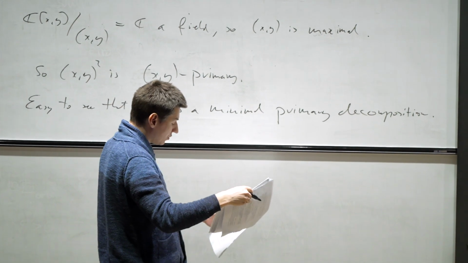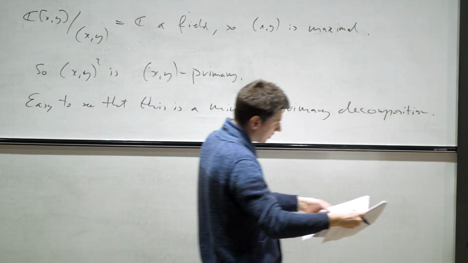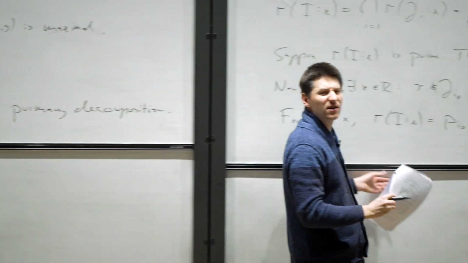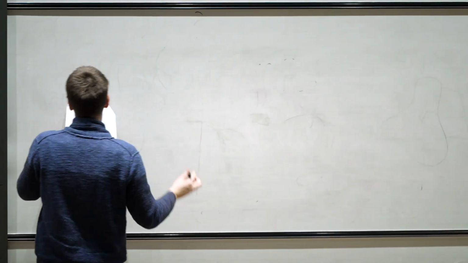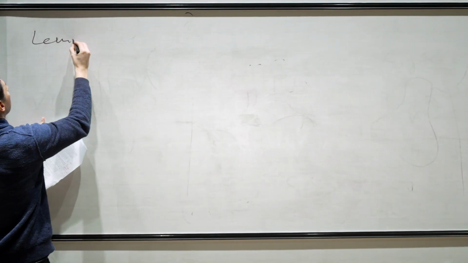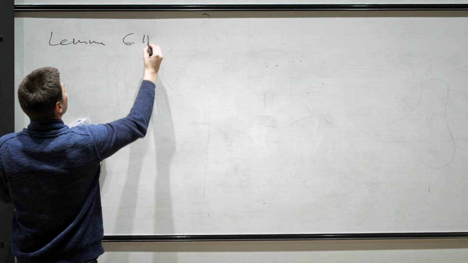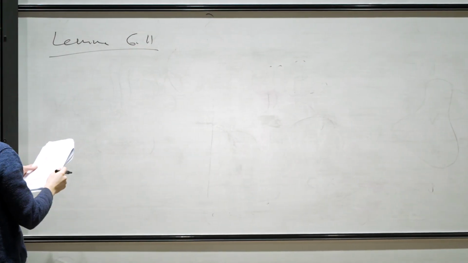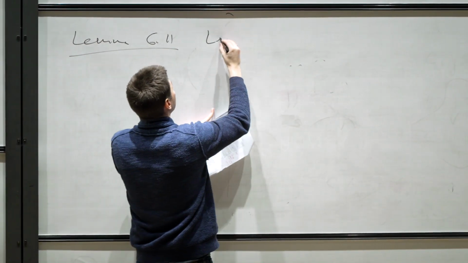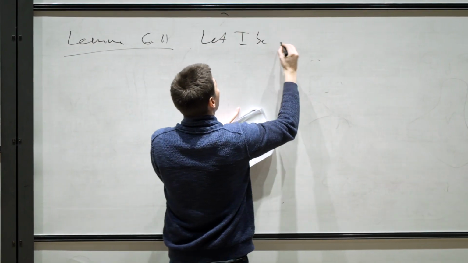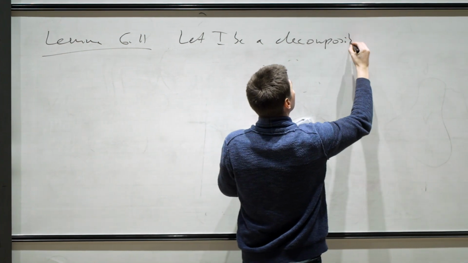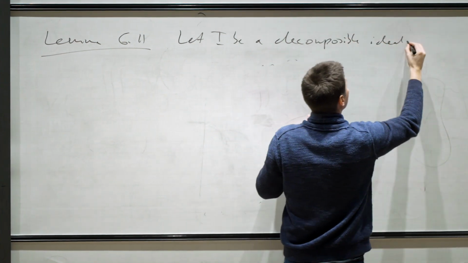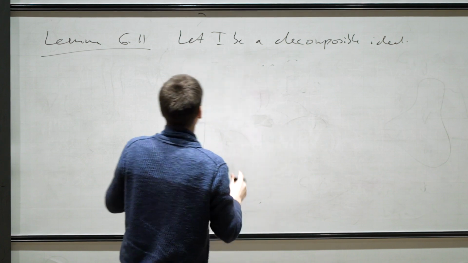Okay, so now we need to introduce some more language, and before that we are going to have one more lemma, time-wise. Good. So here's lemma 6.11. Let I be a decomposable ideal, and we are going to introduce two sets.